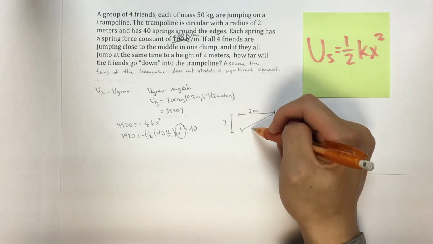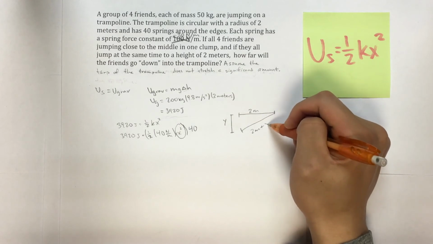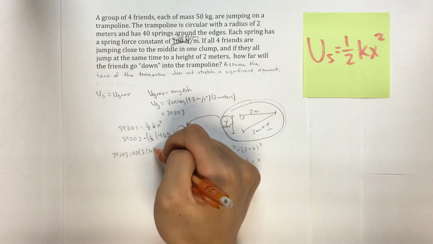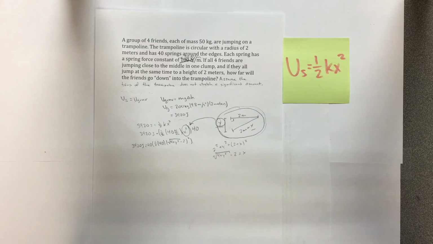And then therefore the length of the hypotenuse will be 2 meters plus the amount it is displaced. Upon further review of this question, I'm not actually entirely sure that this equation has a real solution.